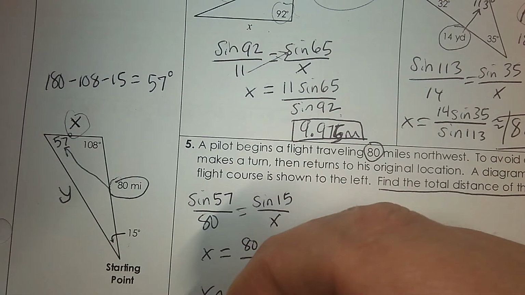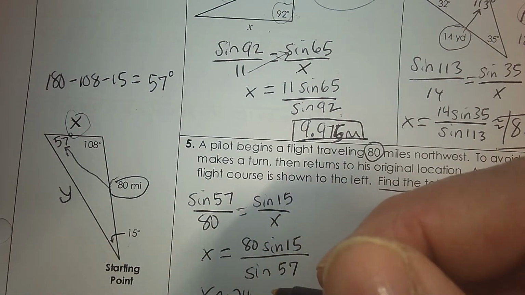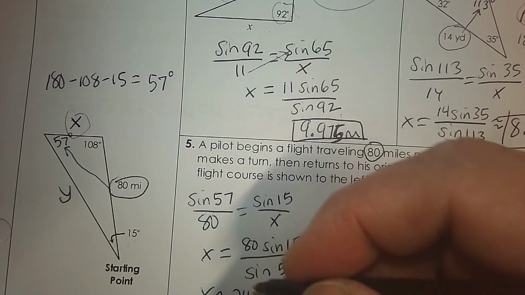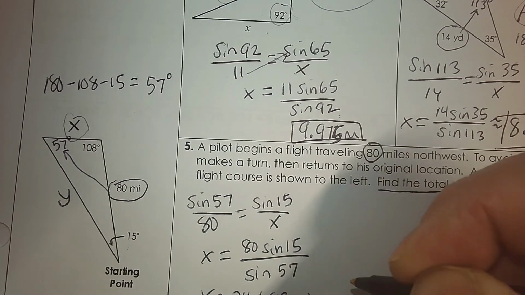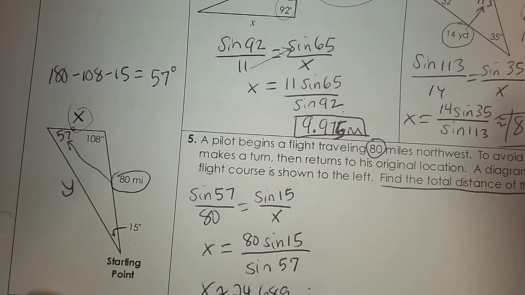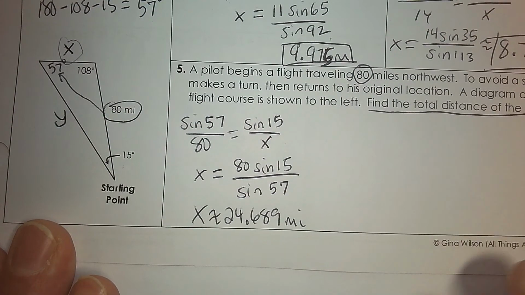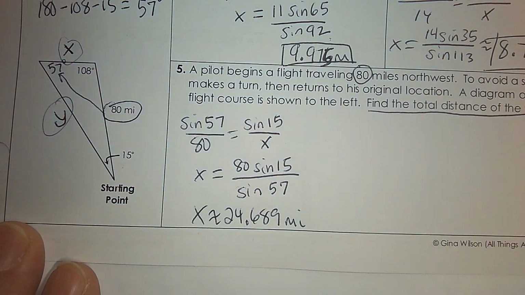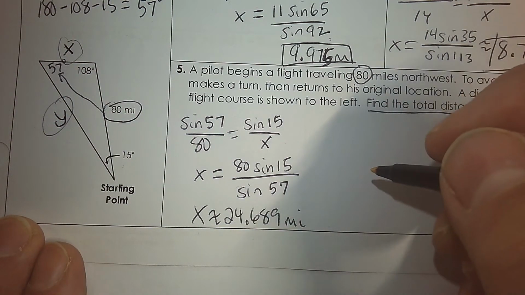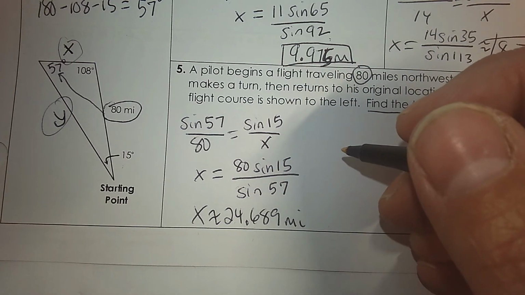So x is approximately 24.689, and that's in miles. Next, I'm going to find side length y. We're going to start the same way. You start with what you know in the triangle.